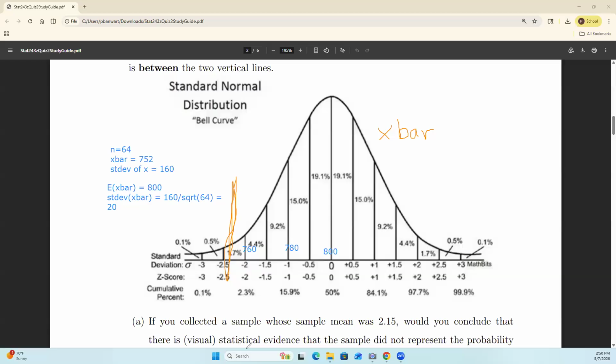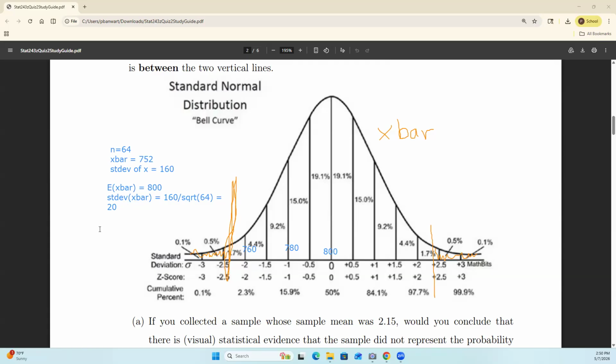So let me ask you a question. If you collected a sample whose sample mean was this far away on a normal distribution, do you think that sample is representative of the whole population? No, because the probability of seeing something that extreme or more extreme, even if I do both sides, I'm at least that far, right? The probability is very small.